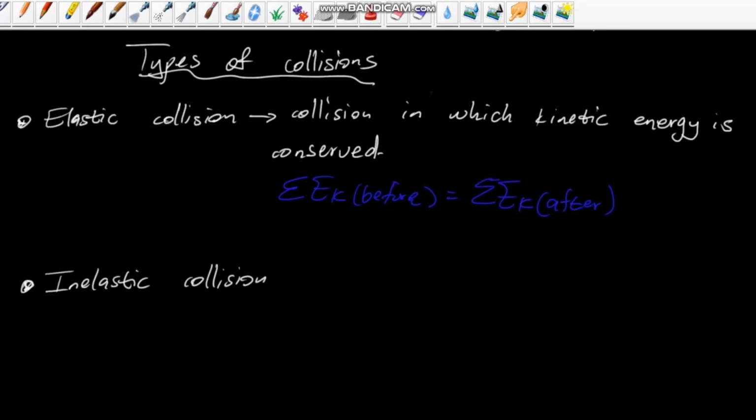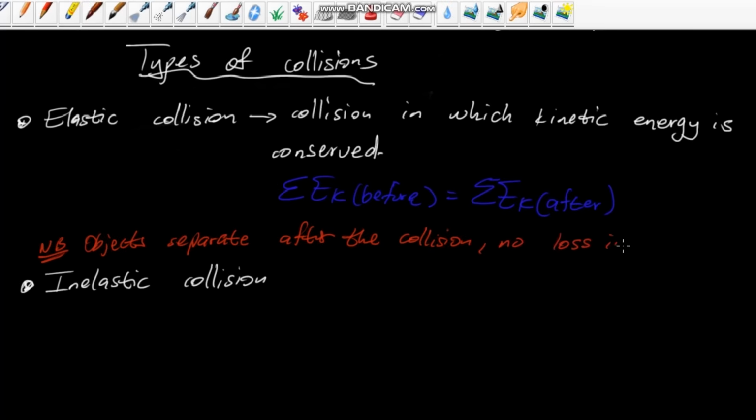The hint to see that the collision is elastic is that the objects separate after the collision, resulting in no loss in kinetic energy. The hint tells you that this collision is elastic because the objects separate after the collision.